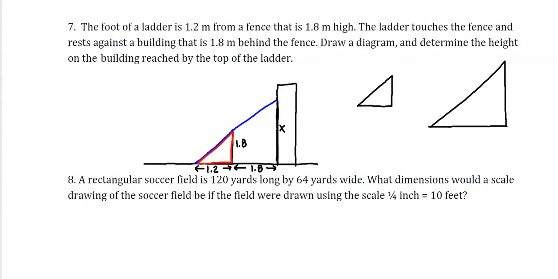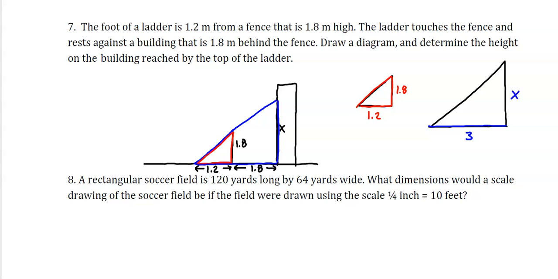My little small triangle there, well, he is 1.2 and 1.8. And then my big triangle, the whole bottom there is a total of 3. That's the whole bottom. And we don't know x.